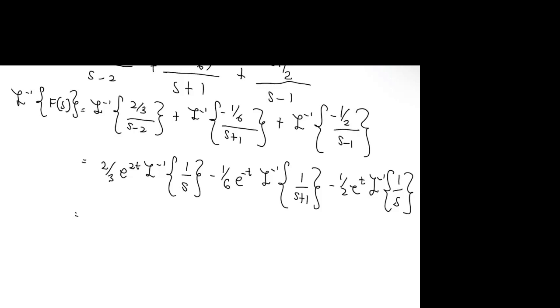So we have 2 over 3 e to the 2t minus 1 over 6 e to the minus t minus 1 over 2 e to the t. Okay, so that is our final answer.